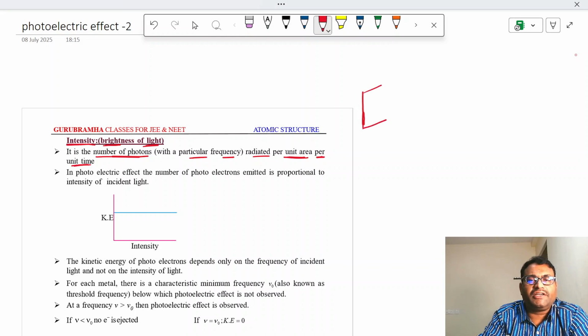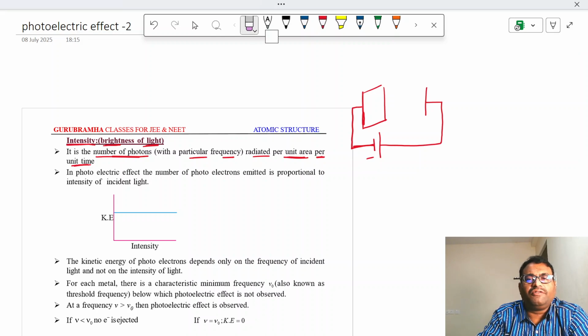So this is metallic surface connected to what? Negative terminal of the battery. So this is what zinc plate, which is connected to positive terminal, where in the middle, what do we have?